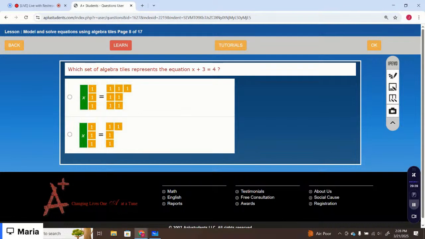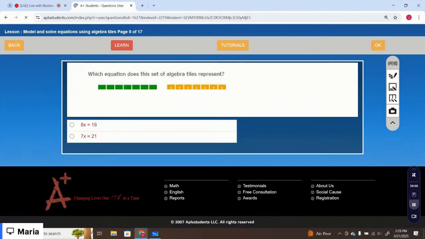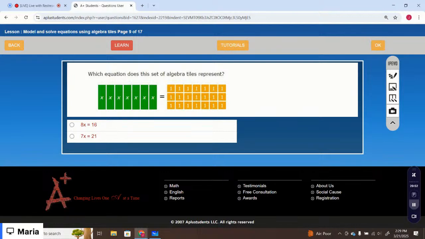Which set of algebra tiles represents x plus 3 equals 4? Option number two is the correct option that represents x plus 3 equals 4. Which equation does the set of algebra tiles represent?